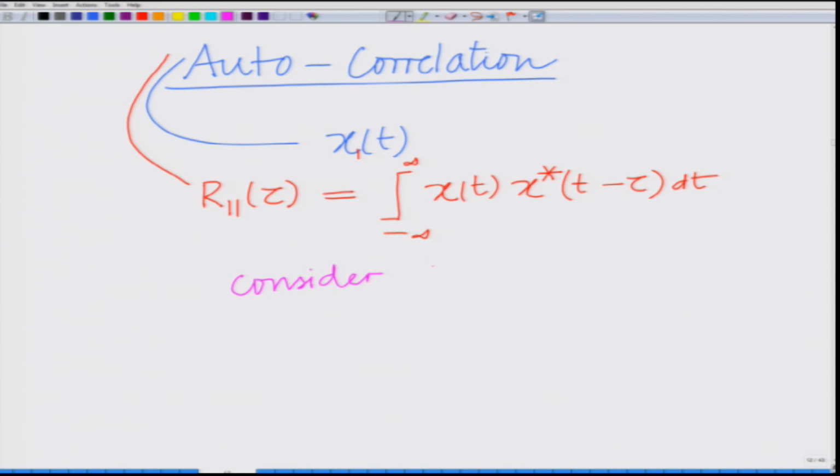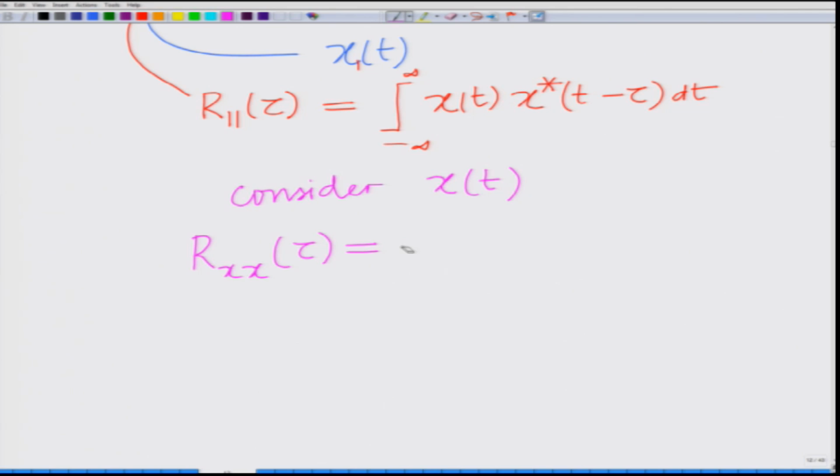We have a single signal, so there is no need for the notation x1, x2. For x(t), the autocorrelation can also be denoted by Rxx of tau. Instead of R11 of tau, you will also find the notation Rxx of tau or Rx of tau used for the autocorrelation, that is the integral from minus infinity to infinity.